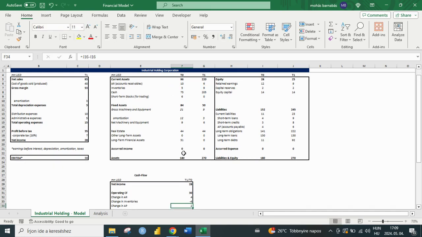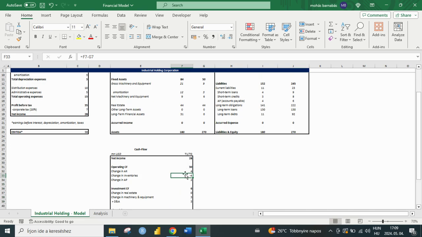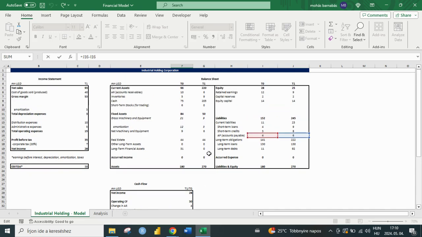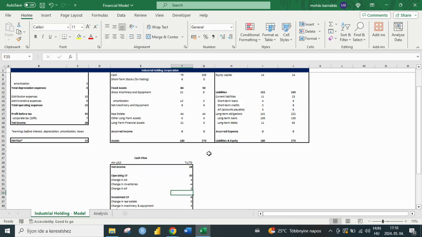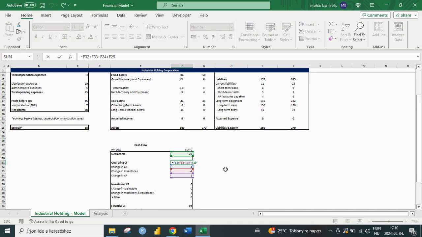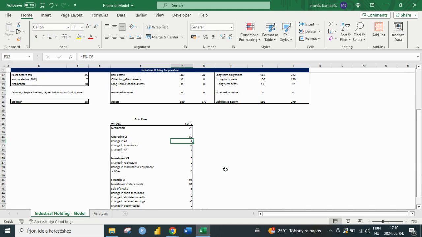This means that once the inventory level of the corporation increases, the money will decrease. And concerning the change in AP, or accounts payable, you can see that it is a little bit higher, which means that it did not pay something, so the money amount became higher. If you add up, you get 30.